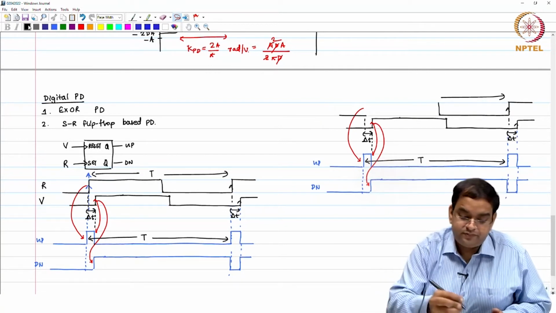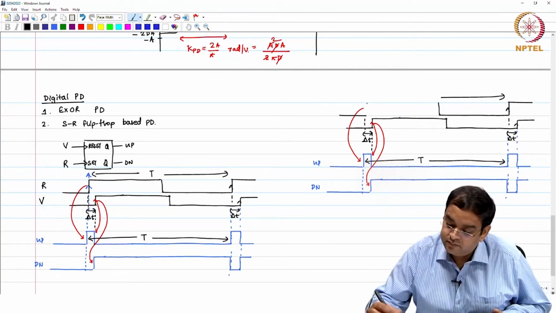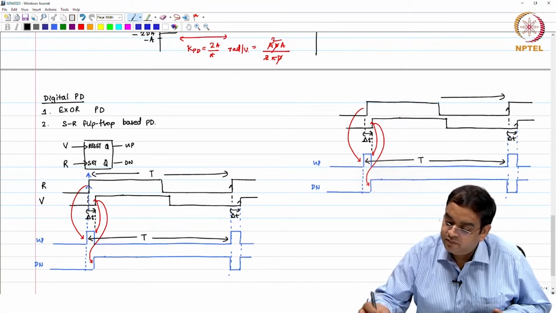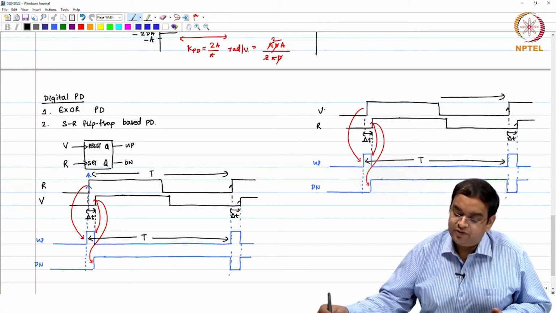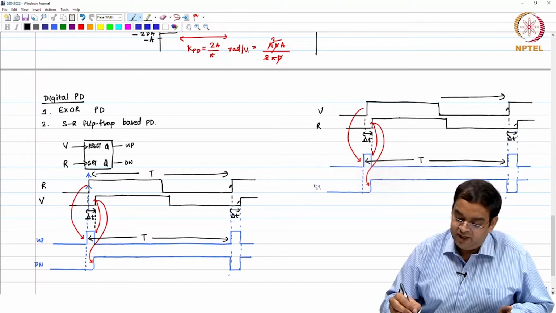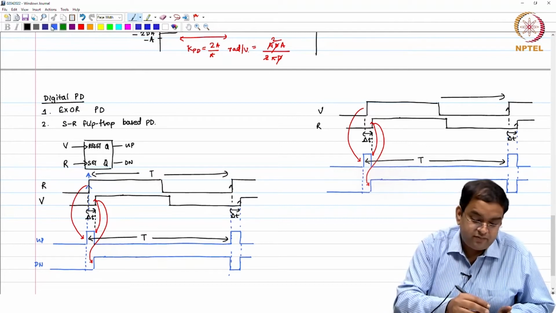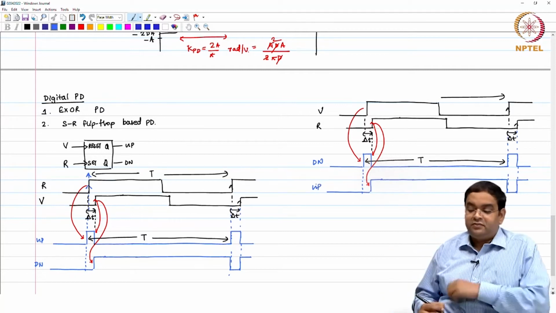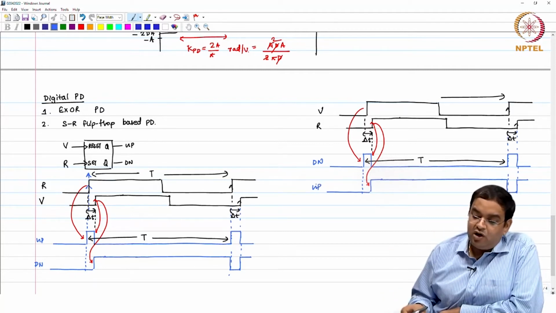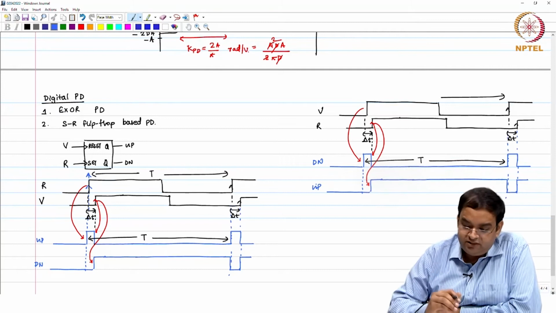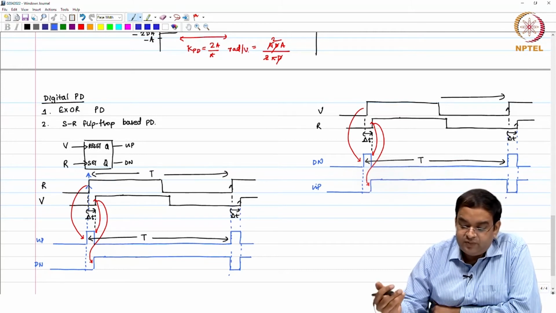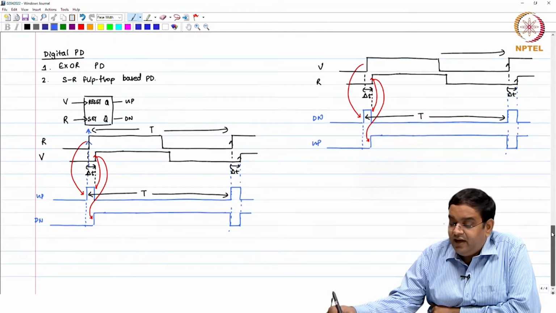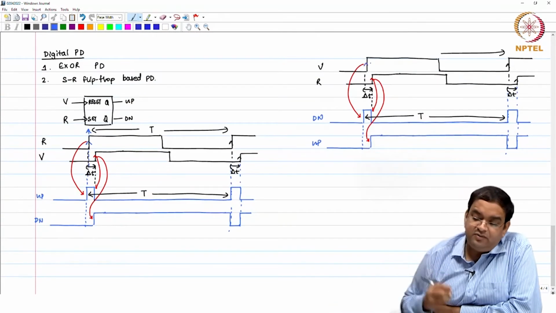Now, this becomes R, this becomes V, which means my up and down are swapped, nothing much. Okay. So, depending on which signal comes first, whether the phase error is positive or negative will be decided by which signal comes first.